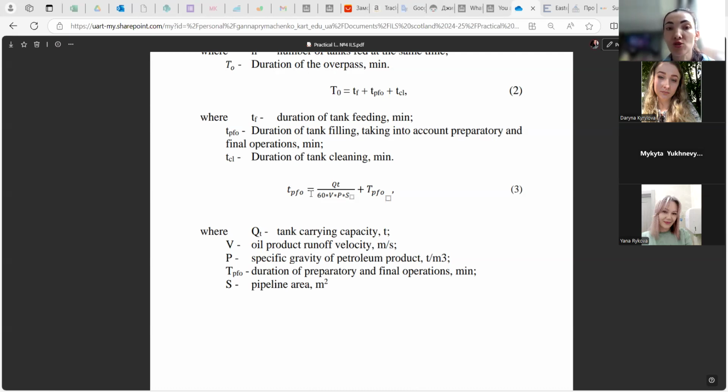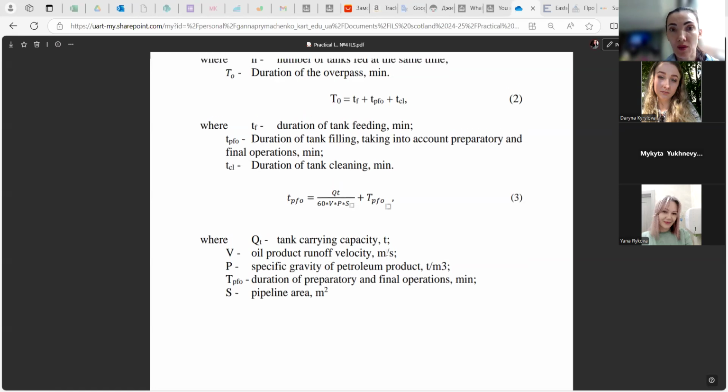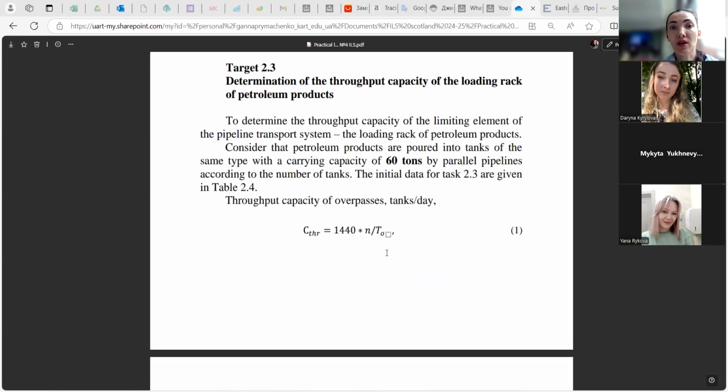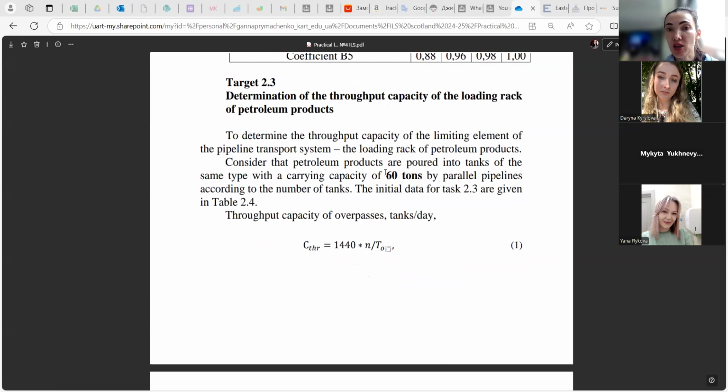and in the numerator, we use such parameters as Q with index T. It is tank carrying capacity in tons. We use for all variants 60 tons. I remind you that we can look at it here.